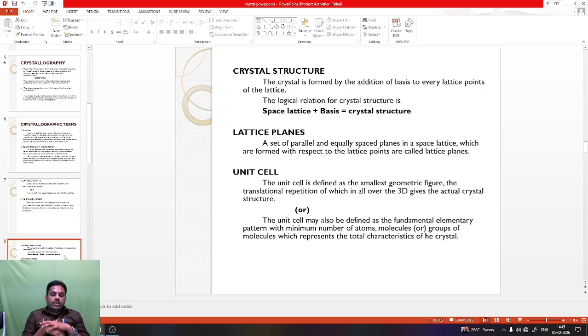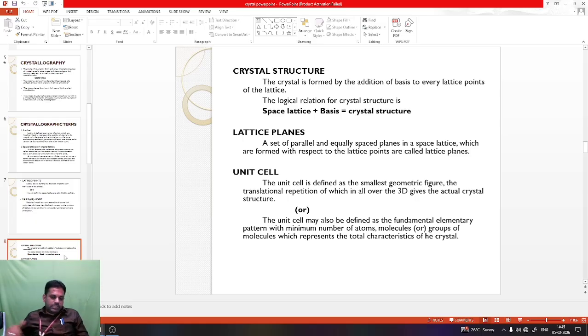So what about a unit cell? What do you mean by unit cell? We are living in a room, building, house, office, whatever it may be. This room is constructed from a basic unit of solid material, which is called a brick. You know very well about bricks.